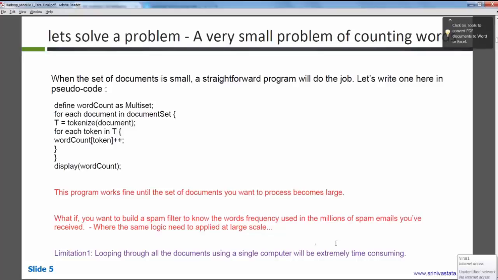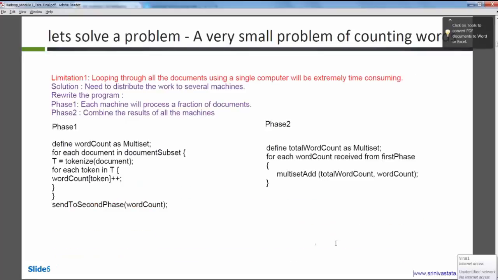Suppose you have 100 documents, let us say, and 10 computers. The first 10 documents you will give to one computer, the second 10 documents to the second, the third to the third computer, and you will ask them to process. Am I correct? Yes. That is my idea too.